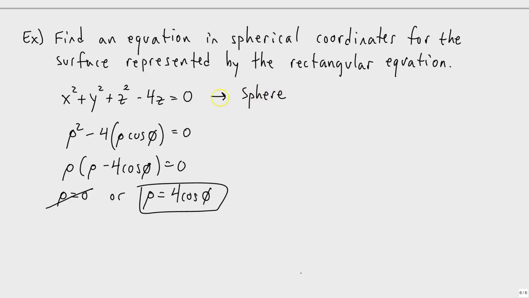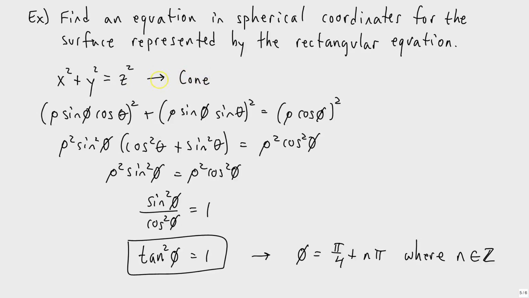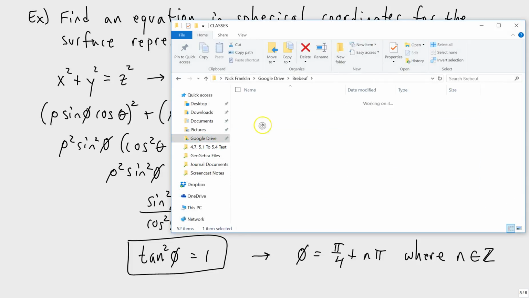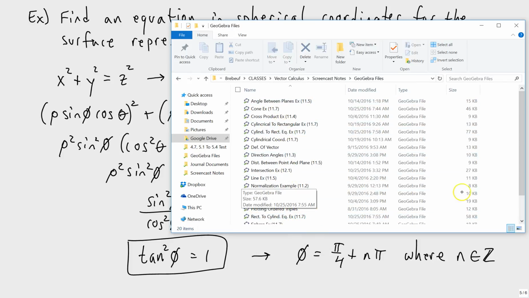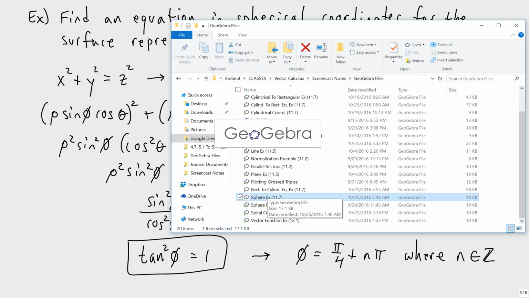I've indicated that this is a sphere, so both of these would represent a sphere in 3 dimensions. And earlier I indicated this other one would be a cone of some sort. So let's go ahead and take a look at that. Let's look at the sphere one first.